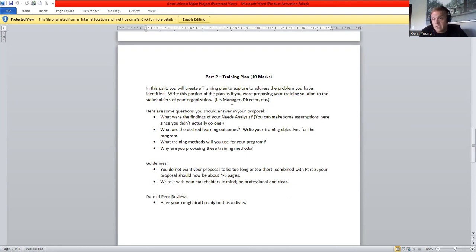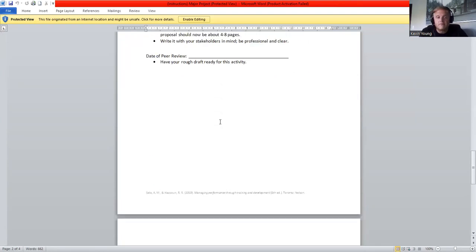And certainly, in parentheses, you can see that you can make some assumptions here. What are the desired learning outcomes? Make sure to identify what your training objectives are. What training methods are you going to use for your program? And why are you proposing these particular training methods? This section is going to be 4 to 8 pages in length.